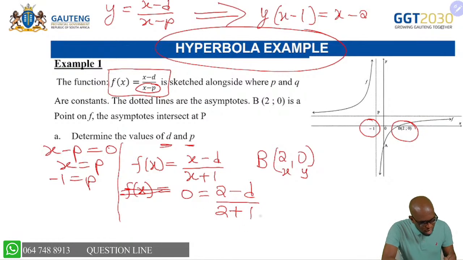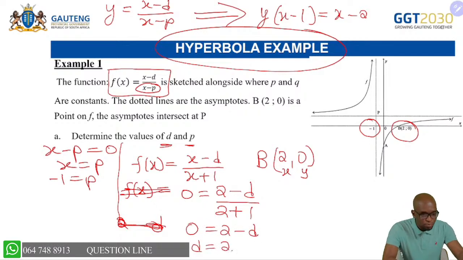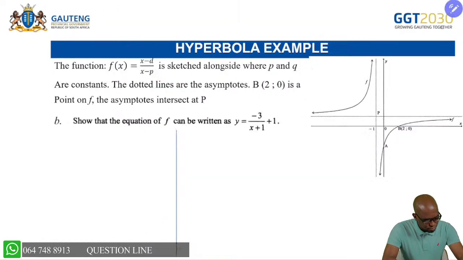Adding 2 plus 1 you get 3, and multiplying both sides by the LCD, you get 0 equals 2 minus d, and d becomes 2. So the value of p is minus 1, and the value of d is 2. Right, moving on.